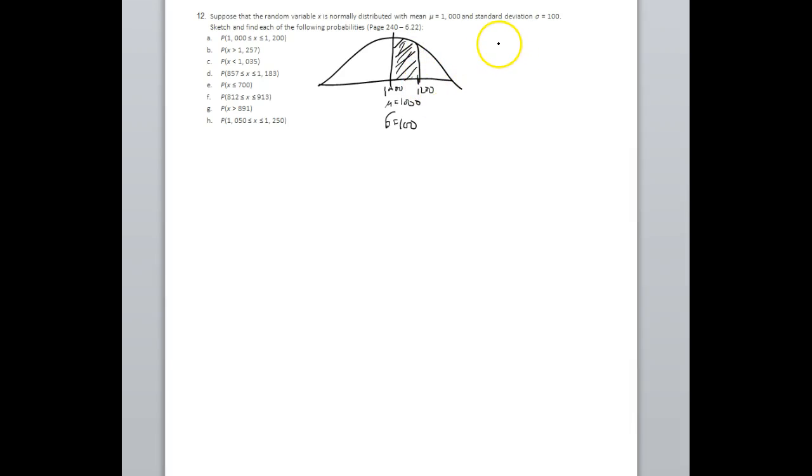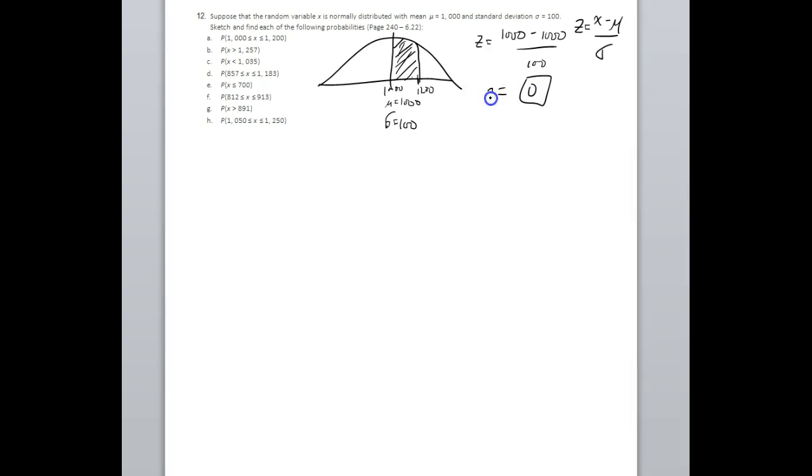Okay, so the way that we go about this is we want to find the z-scores, or the z-values, of each part of that probability. So the 1,000 and the 1,200. Well, the 1,000 is really easy. And remember, the z-score is z equals x minus mu over standard deviation. So this will be 1,000 minus 1,000 over 100, which is 0 over 100, or 0.